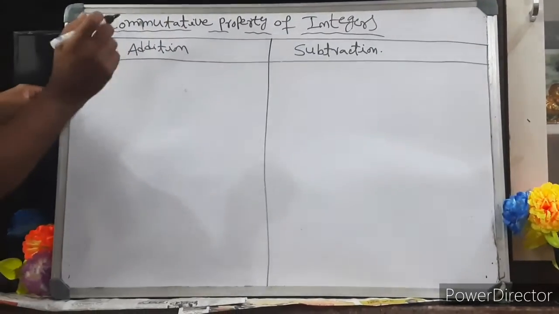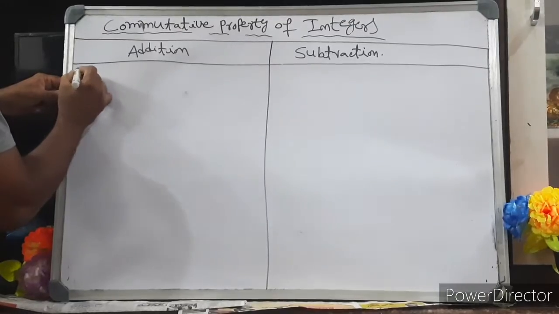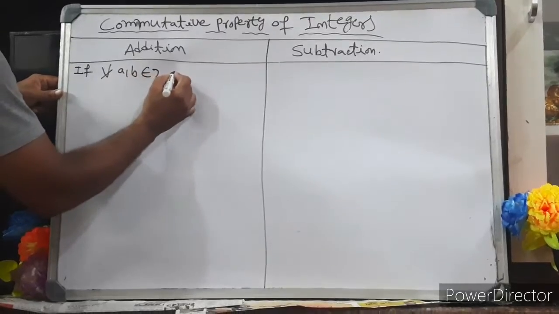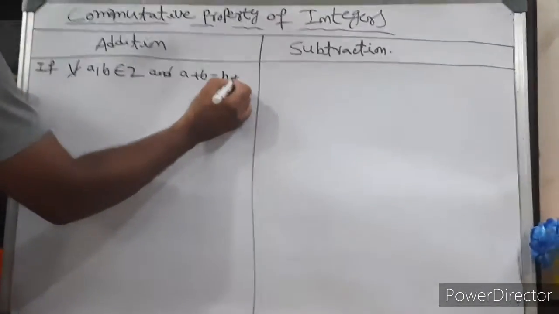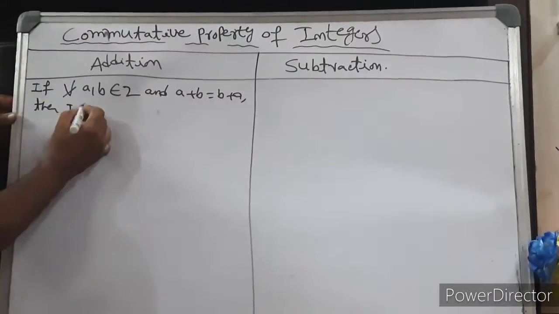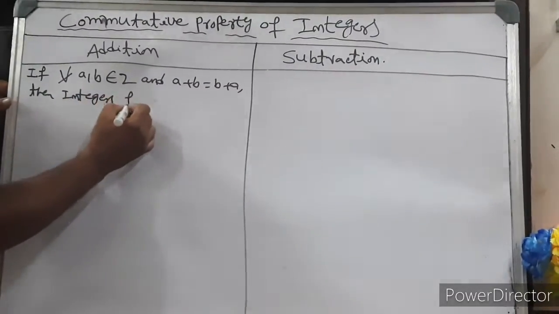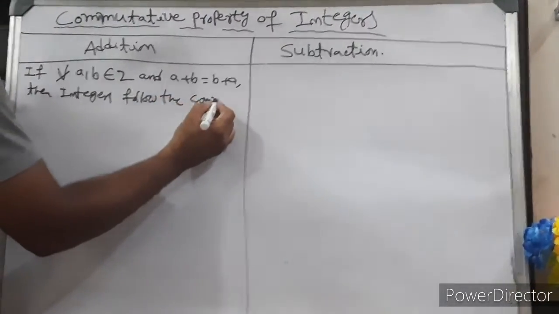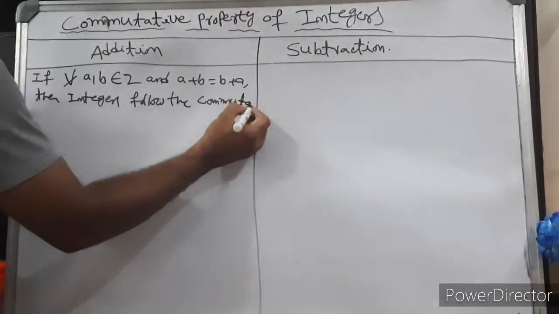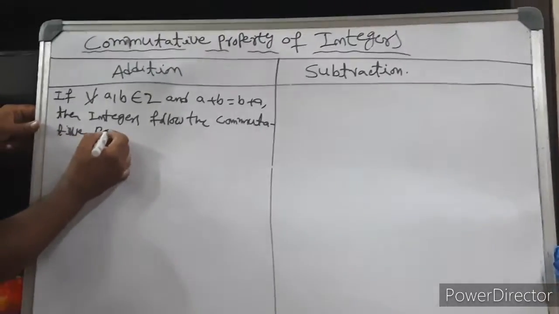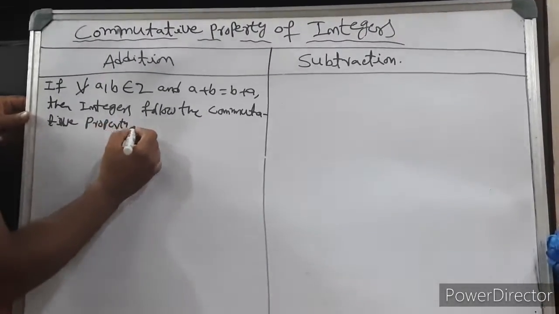Here, if for all a, b belonging to Z, a plus b is equal to b plus a, then integers follow the commutative property under addition.